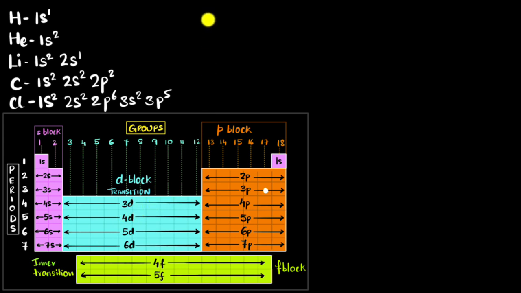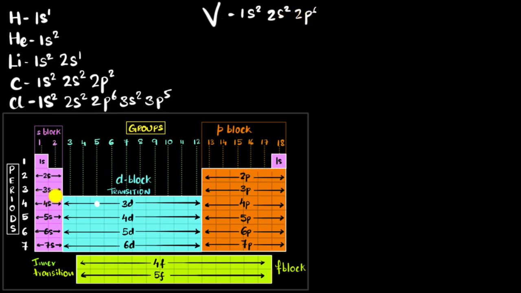So let's take an example. Let's consider vanadium. Vanadium lies over here. Okay, so let me erase this. And now that I know that's over here, the procedure stays the same. So we start from here. We have 1s2. Then we go here, 2s2. Then 2p6, 1, 2, 3, 4, 5, 6. So 2p6.